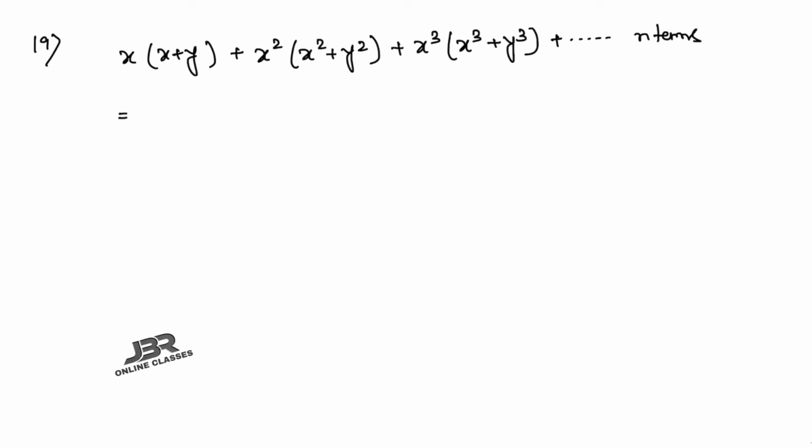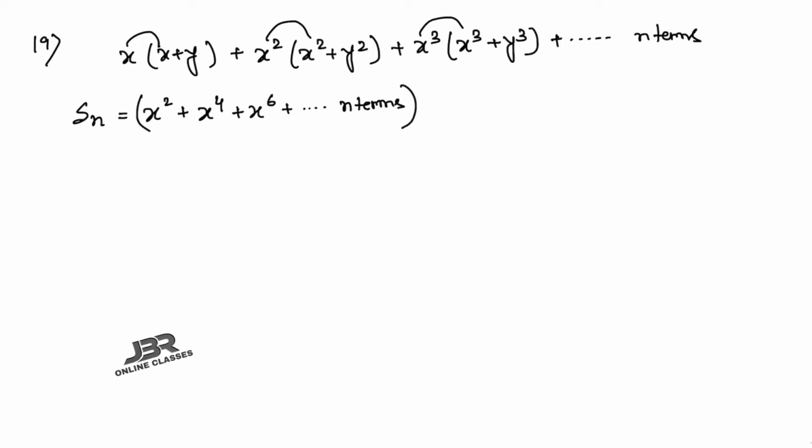So next you can write S_n equal to x square plus x to the power 4 plus x to the power 6, dot dot dot up to n terms in the first bracket. Now next, x into y becomes xy, then the second one will be x square y square, in this way x cube y cube plus dot dot dot up to n terms.